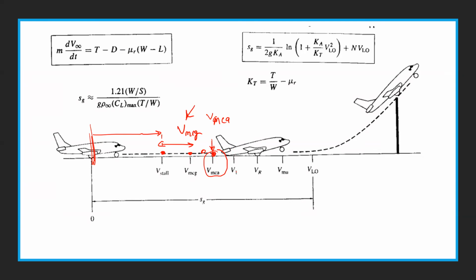And how about this? I don't know if it's VL or V1. Let's call it V1. So what is V1? Can you explain what that means actually? When the velocity required for the takeoff is achieved.